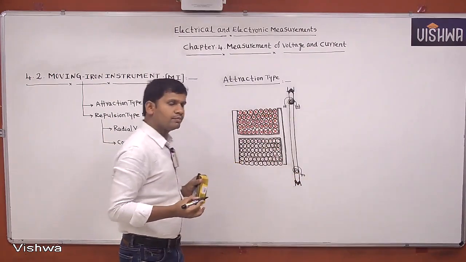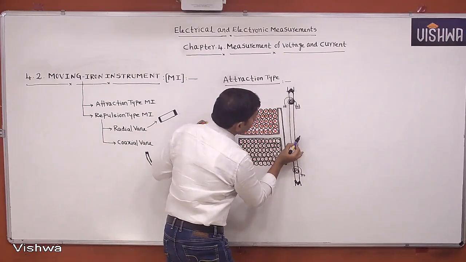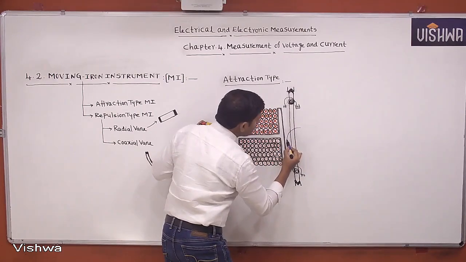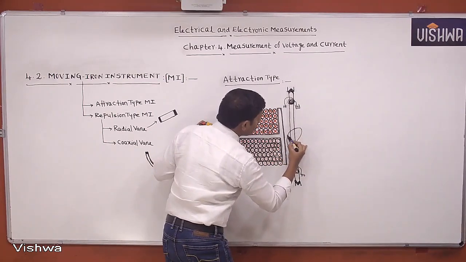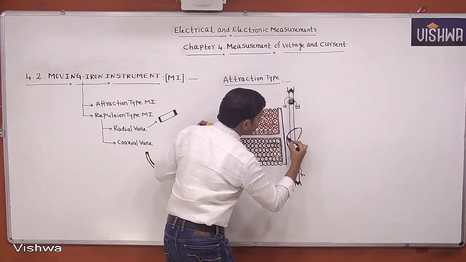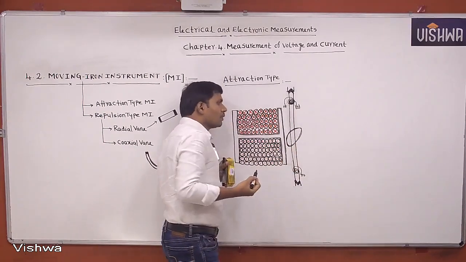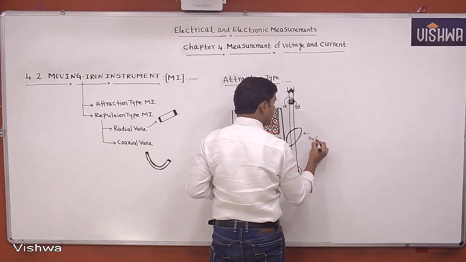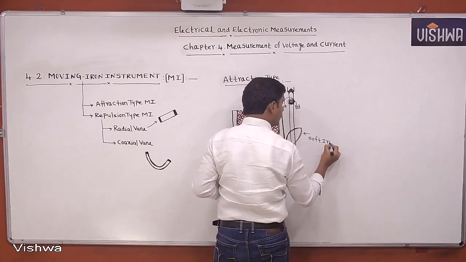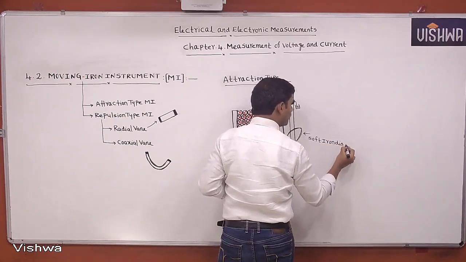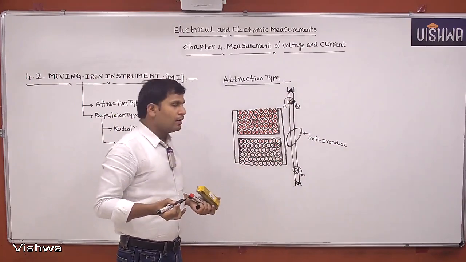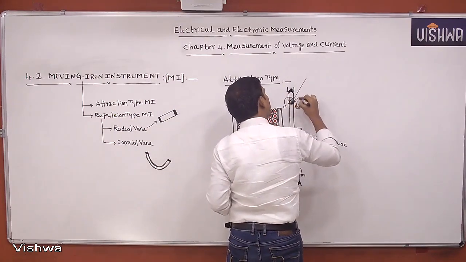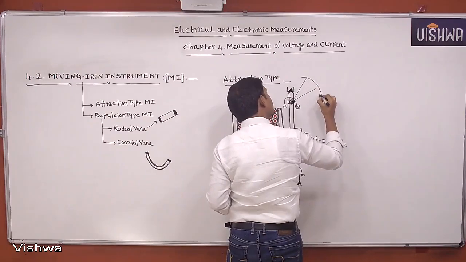Then we are placing a soft iron disc. This is one soft iron disc. There is a pointer and scale arrangement.